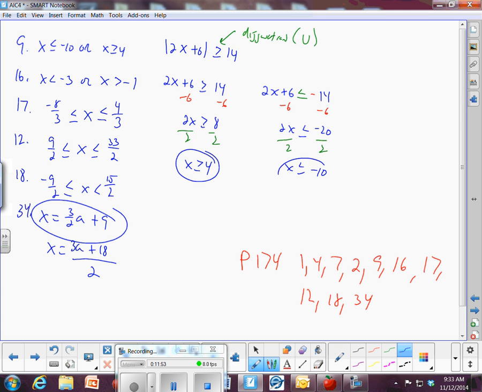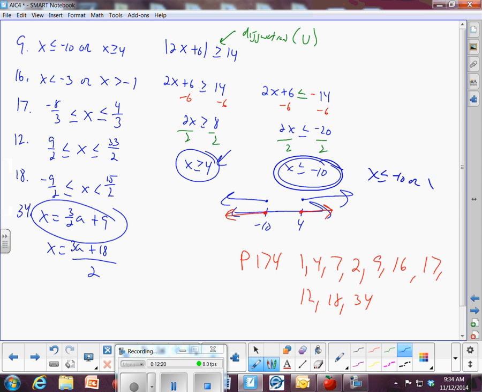If I were to graph this, this is what it would look like. Dot over the negative 10, arrow to the left, dot over the 4, arrow to the right. How do you say all of those values negative 10 and lower, and also all the values 4 and bigger? Take your smallest one, write it first, use the word or, take your largest, and write it second. And that's the solution. That's the way your disjunctions will go.